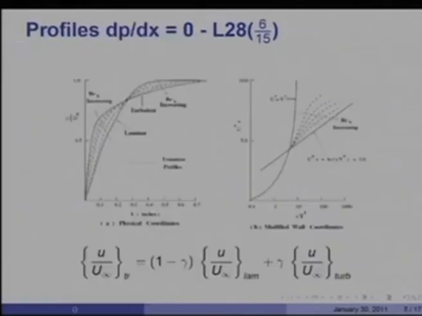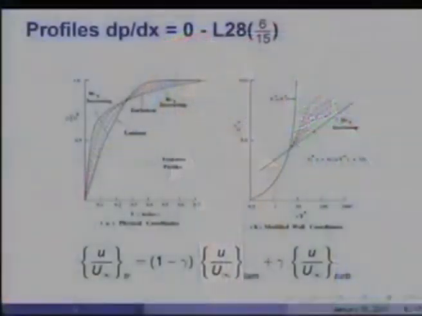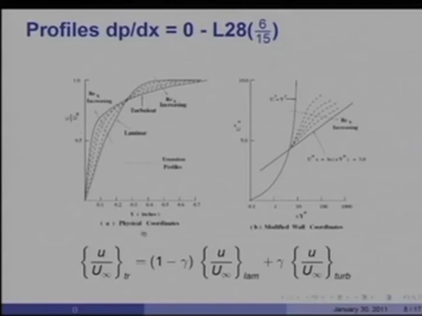If you wanted to use the integral method for solution of the integral equation through the transitional layer, you would need u over u infinity in the transitional layer. Simply by observing how the experimental data look, this is u over u infinity versus y, given in inches here. In the transitional region, the profile would go something like that. As Rex increases, and here Rex increases in this fashion, finally you would end up with a fully turbulent profile like that.